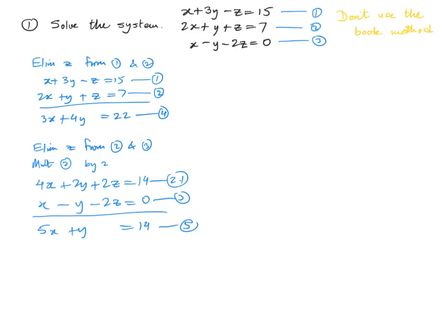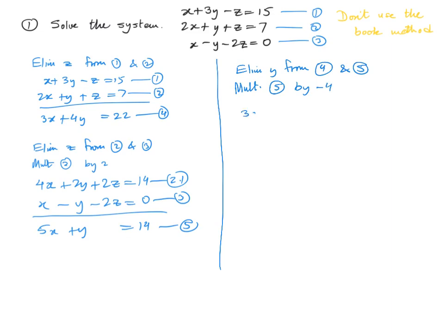And now I'm going to try to eliminate another variable between these two. I can eliminate y without too much trouble. So let me move over to here. Eliminate y from 4 and 5. In order to do that, I got to multiply equation 5 by negative 4. So I end up with 3x plus 4y equals 22.